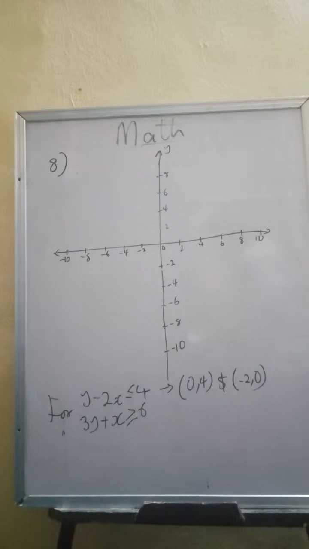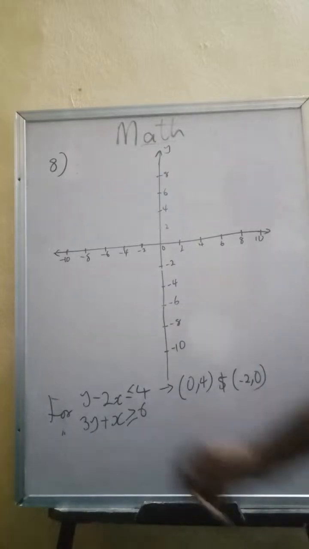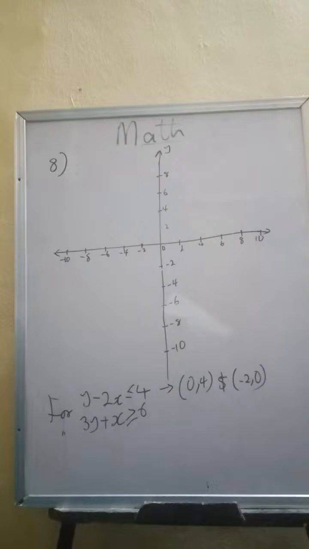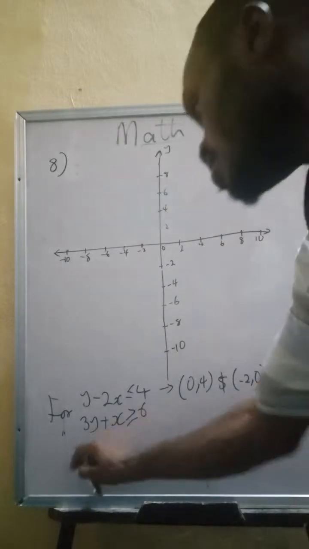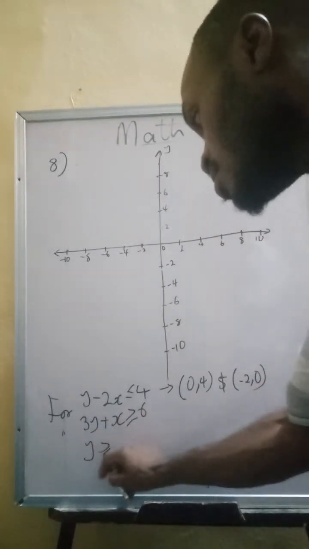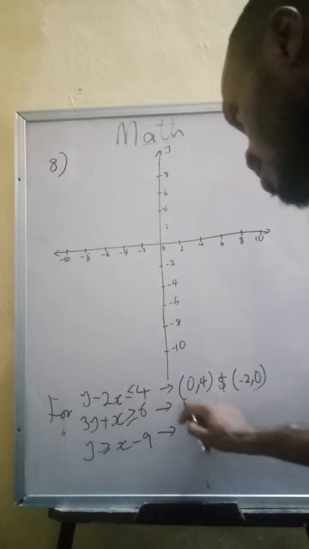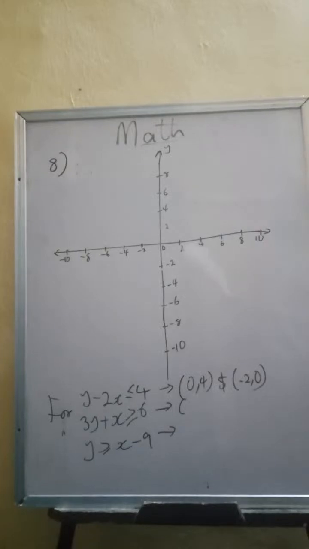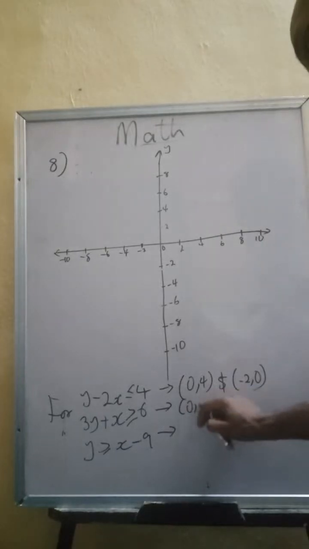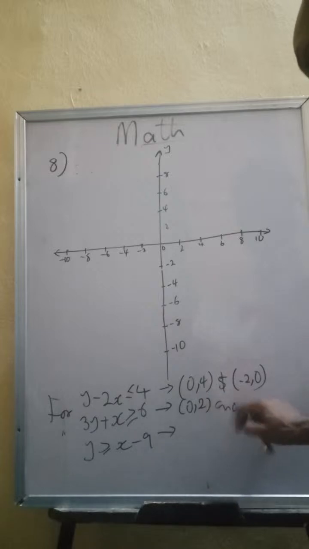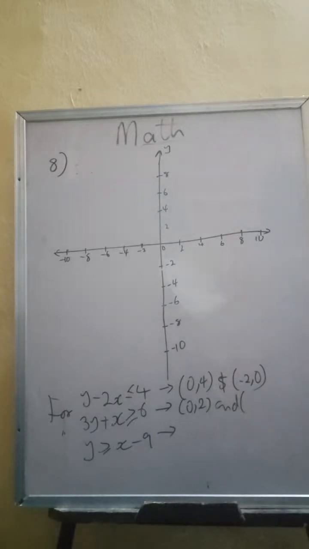And then the next, which is y greater than x minus 9. So in these cases, the next we have 0, 2, and we have 6, 0.